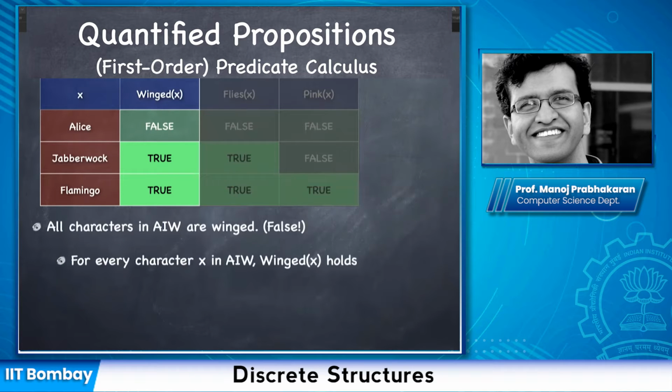So X is a variable here, and I'm claiming that as you substitute the values Alice, Jabberwock, and Flamingo for X, in all cases, the predicate winged X will turn out to be true. Now, this proposition is a false proposition, but it's still a useful kind of proposition to state.